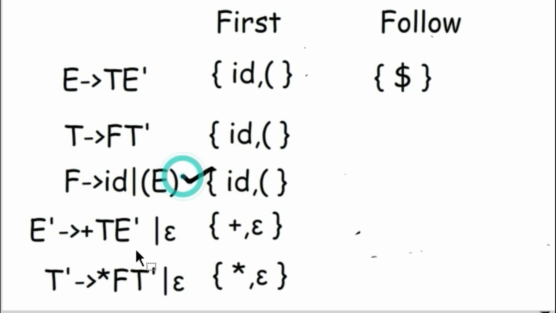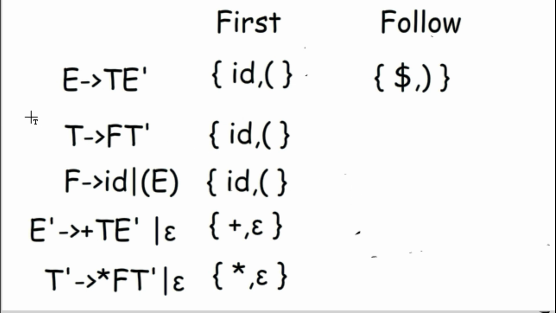This is e, so we can consider this. This is e dash, we don't have to consider this. So when it comes to e, there is a close bracket after e, and it is a terminal symbol. So follow of e is also dollar and also a close bracket.